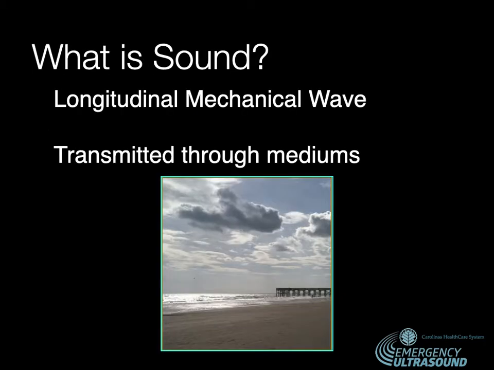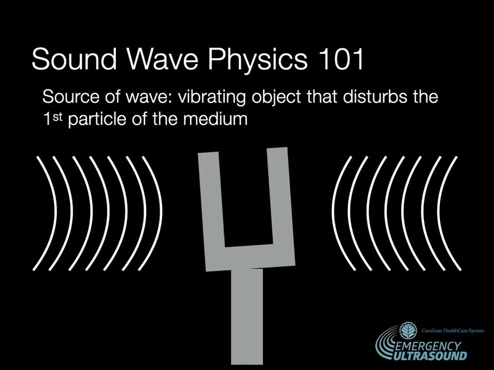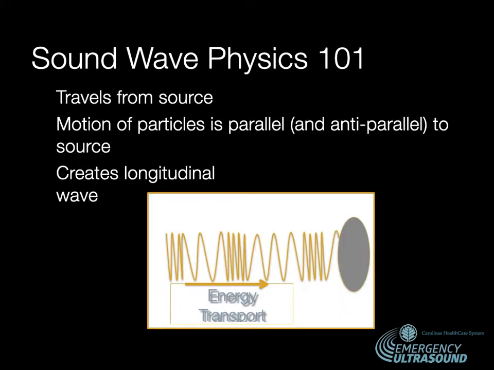So what is sound? Sound is a mechanical or kinetic energy wave that travels through mediums. Vibrating particles disturb the medium and create this sound wave, much like the vocal cords, the strings of a violin, or the tines of a tuning fork. And that's what happens with the ultrasound probe itself. A longitudinal wave travels from the source, so from left to right, and causes waves or coils to move from left to right.